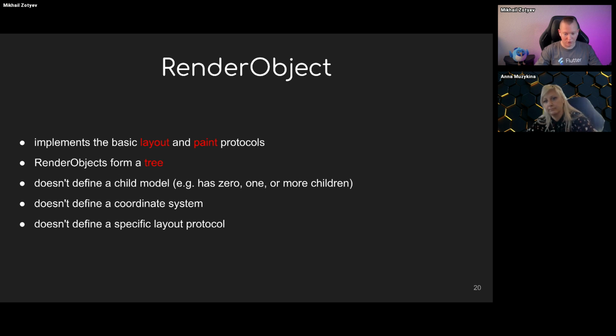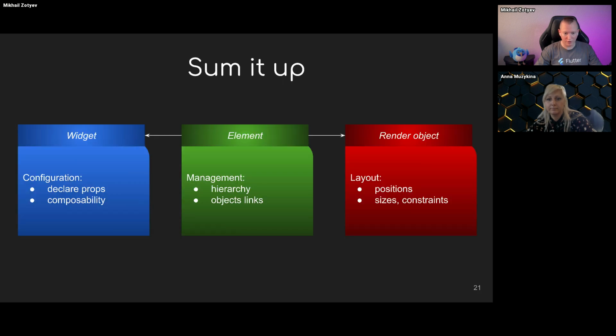But the layout protocol can vary. For example, it can be the box protocol for normal layouting, or the sliver protocol for scrolling, or you can create your own protocol if you really want to cover some requirement for your widget.